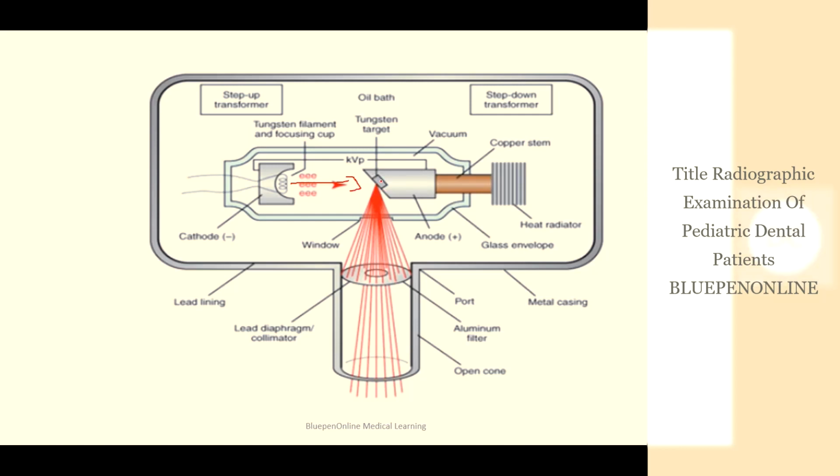So this target is made up of tungsten and it is angulated at about 20 degrees so that it creates a shorter focal length. And this will be held in a copper stem. So all these will be embedded in a vacuum. So the X-rays emitted from this will be passed through this PID or the position indicating device.